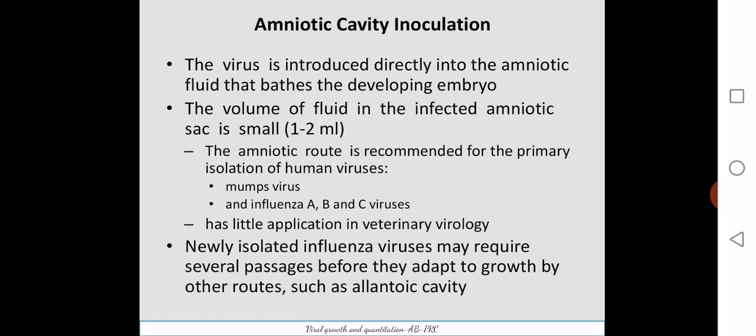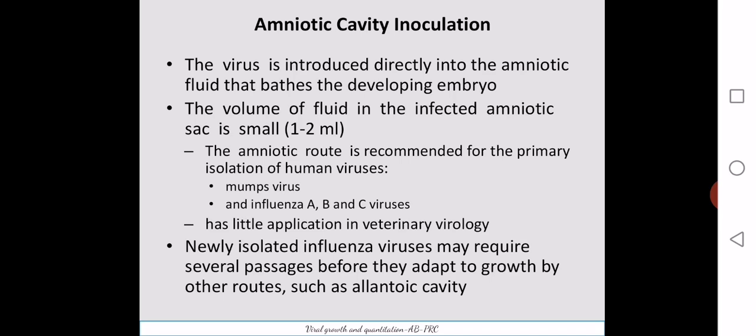The amniotic cavity is usually used for cultivation of certain viruses like mumps virus or influenza viruses, right? The virus to be cultivated is inoculated into this cavity, where you will have certain fluid, and into that fluid the virus is inoculated and will grow there. It's not widely used, but it is used for cultivation.